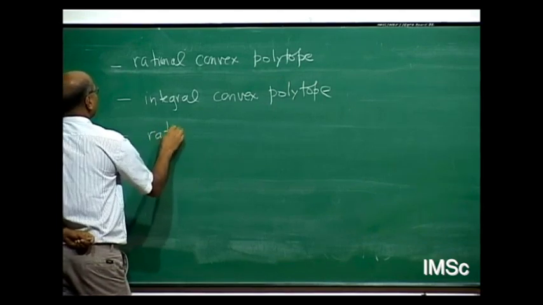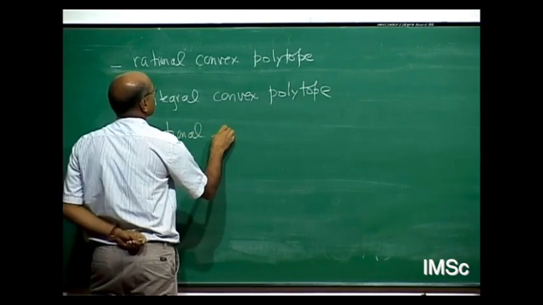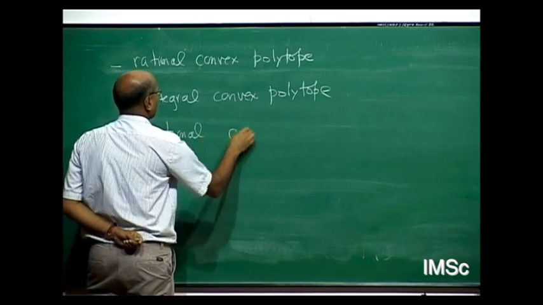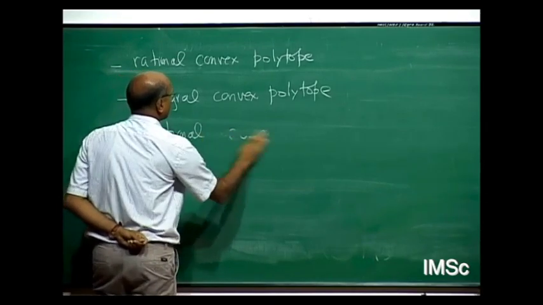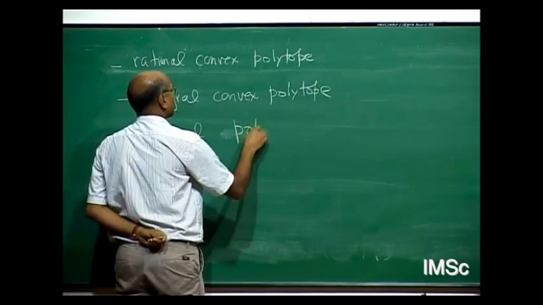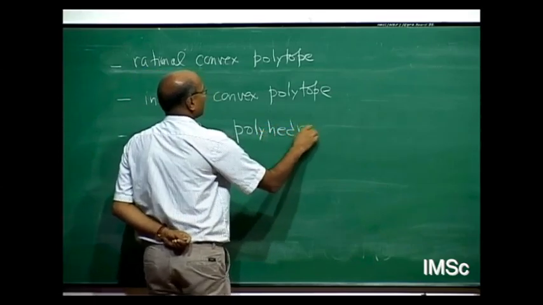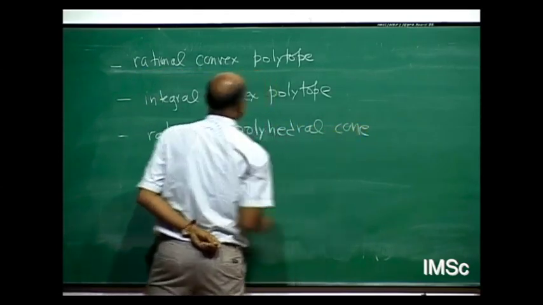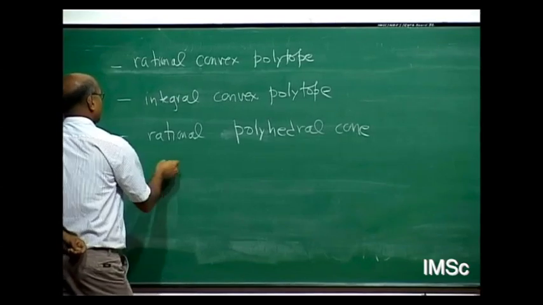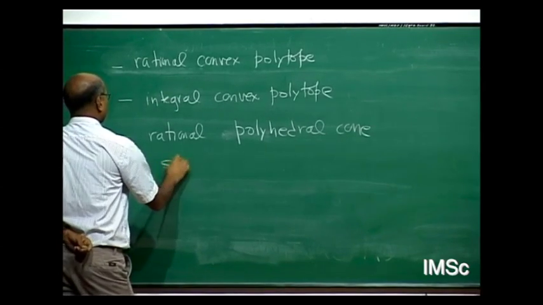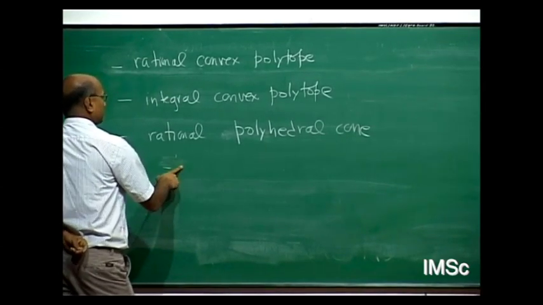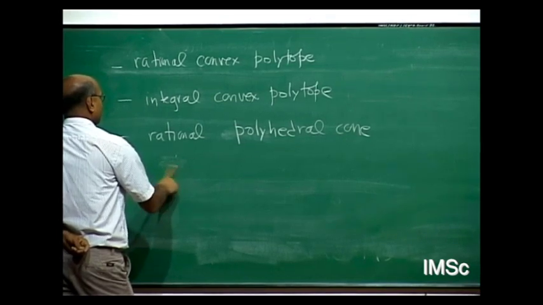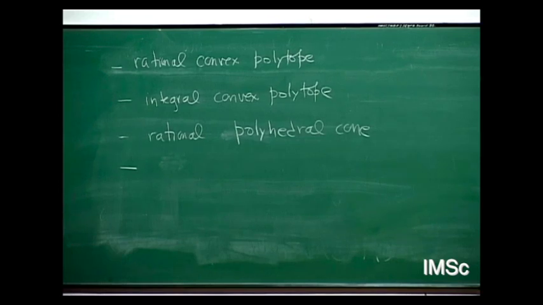Rational polyhedral cone. And the other one is strictly rational convex cone.